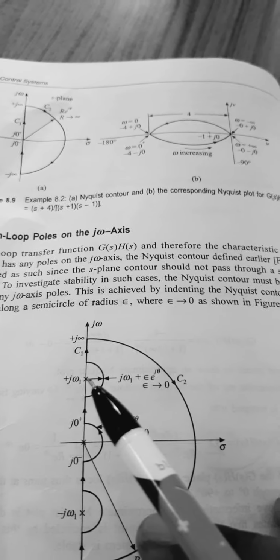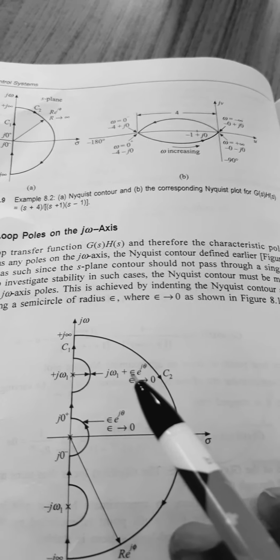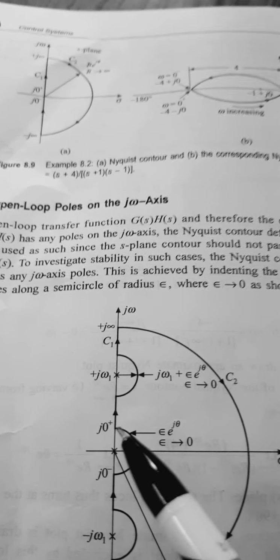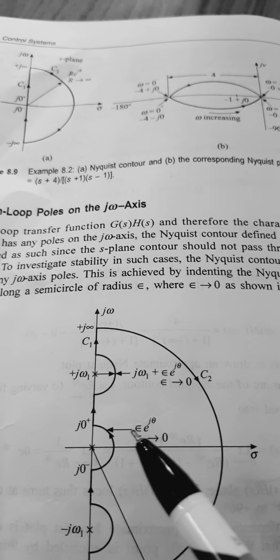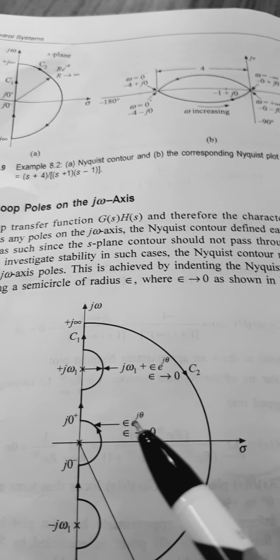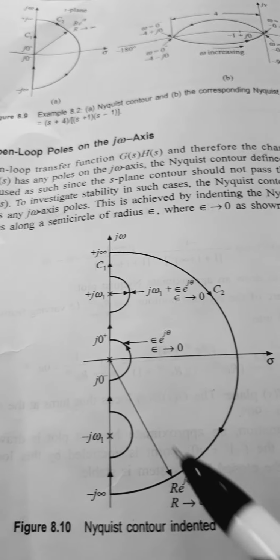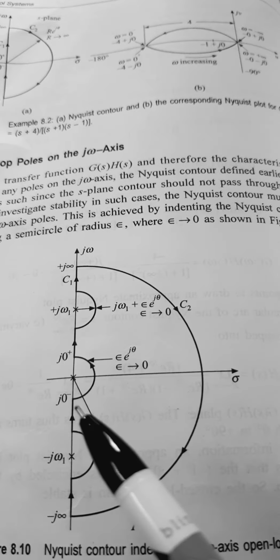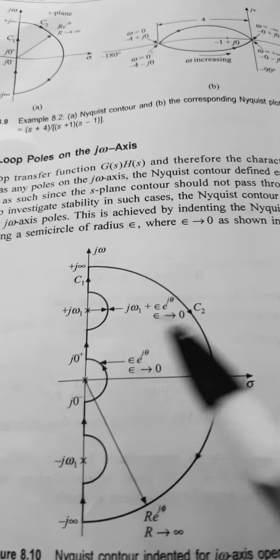At this point, the arc is represented by j omega 1 plus epsilon e to the power of j theta. If the poles are at the origin, then it is epsilon e to the power of j theta. So C2 is the same as previous, but for C1, wherever the pole exists, there you should bypass.